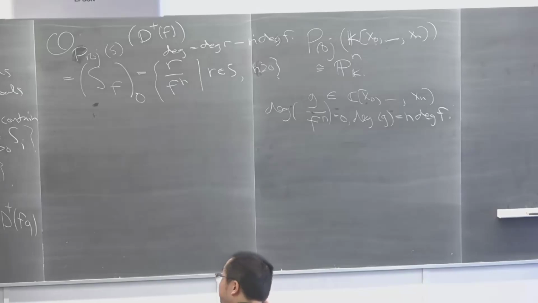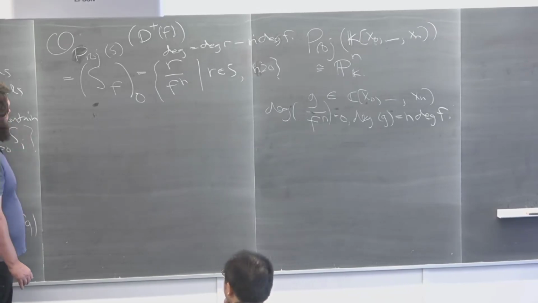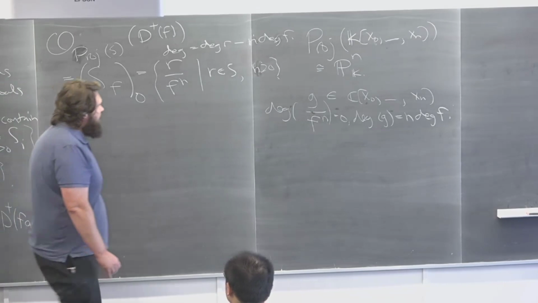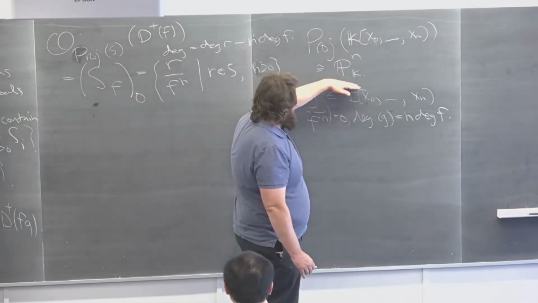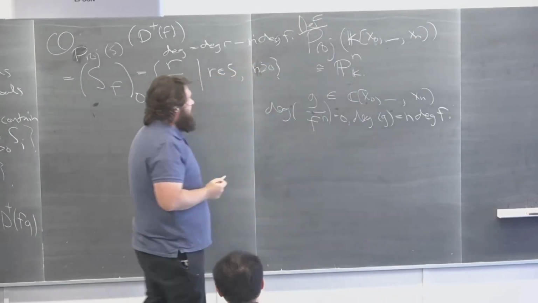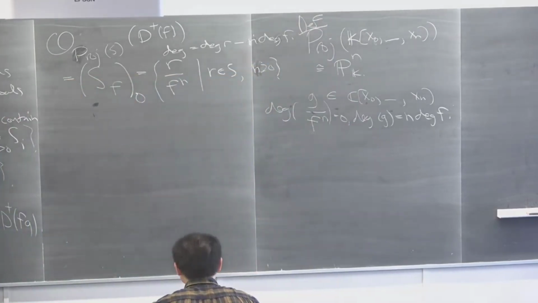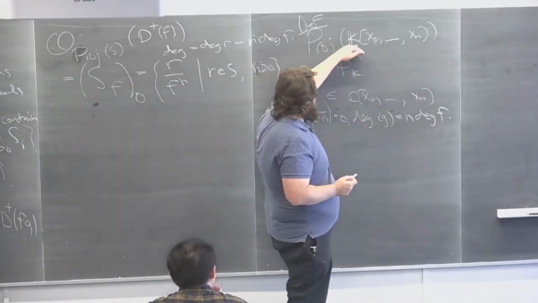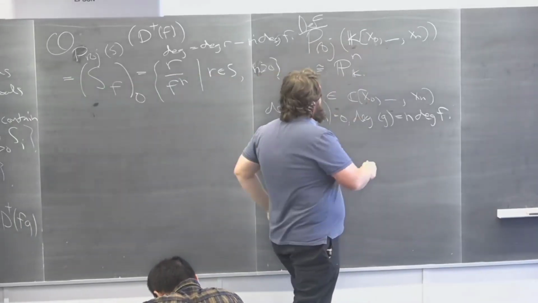So, what do I want to say about this? This is a good point. So let's talk about examples. As I say, this is the definition of projective space in scheme land, that I take Proj of the polynomials with coefficients in K. And again, K doesn't have to be a field.